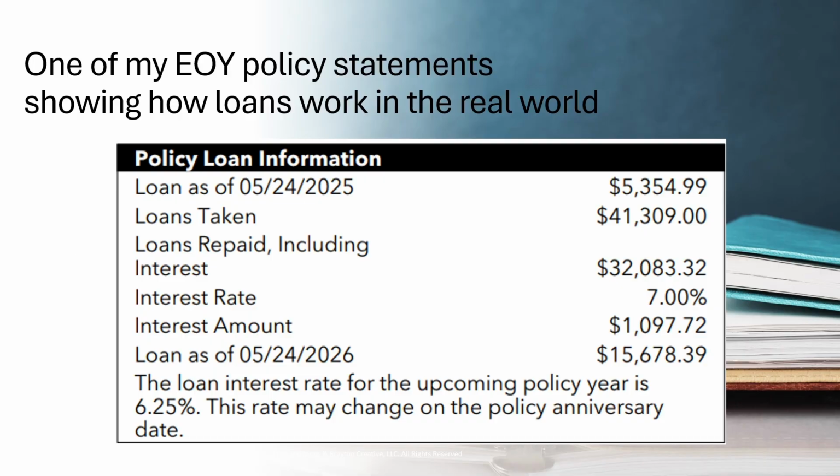So in this particular situation, we had $5,354.99 going into our policy year on 5/24/25. So in that year, that's what we carried over as a balance at that time. Over the course of the entire year, we actually took loans of $41,309.